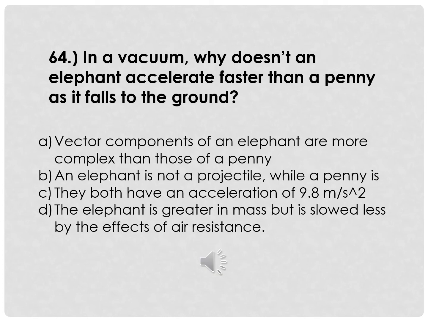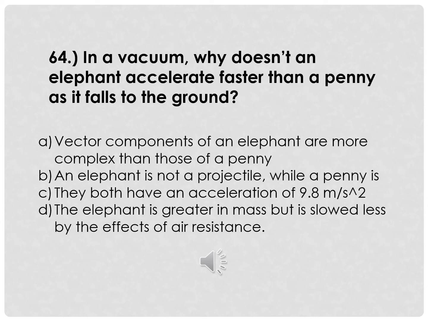In a vacuum, why doesn't an elephant accelerate faster than a penny as it falls to the ground? So on Earth, gravity pulls everything down at the same acceleration. That acceleration is 9.8 meters per second squared.